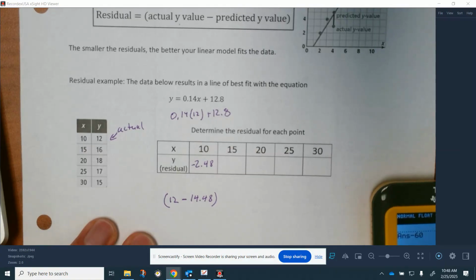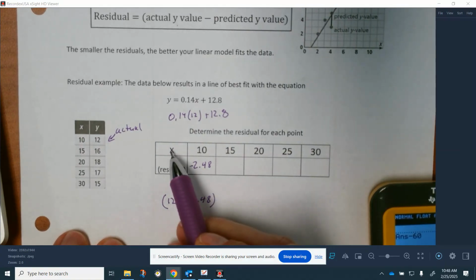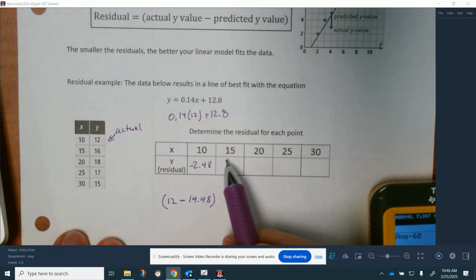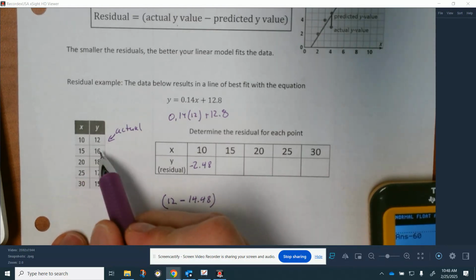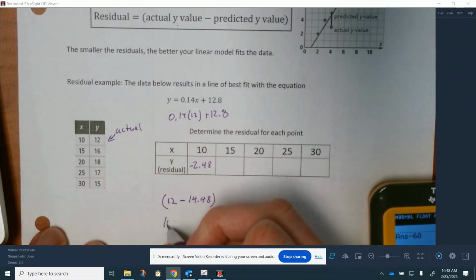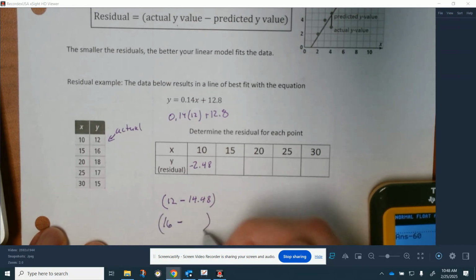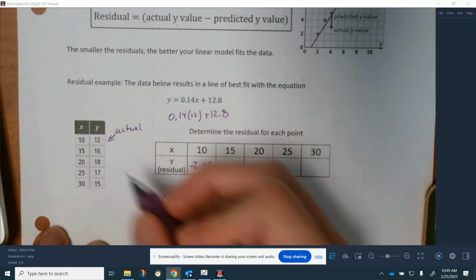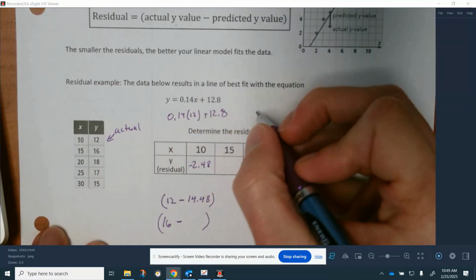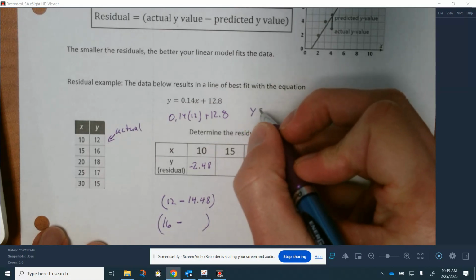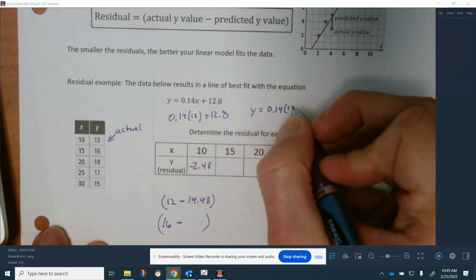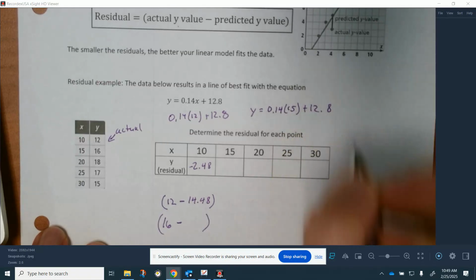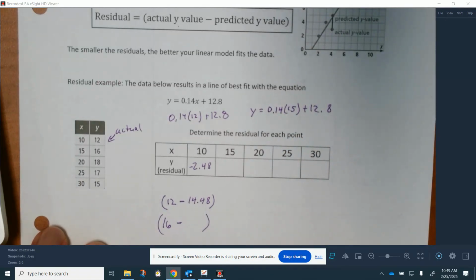Okay? Let's do one more residual. When x is 15, we want to determine the residual. So at 15, the actual value would be 16. And then we need to subtract the predicted value. How do we get the predicted value? We plug 15 into our prediction equation. So y would equal 0.14 times 15 plus 12.8.